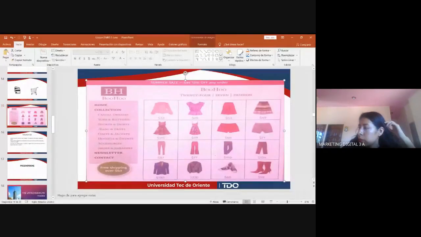What else can you say about this? So what else can you tell me about this image? The boots are more expensive than the tennis, okay.